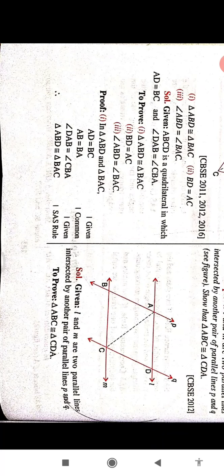So side, angle, side, the angle is the included angle. According to the SAS rule, side angle side rule, we can prove triangle ABD congruent triangle BAC. In this way we can prove the first result.